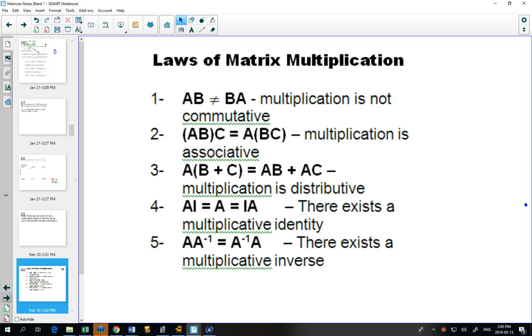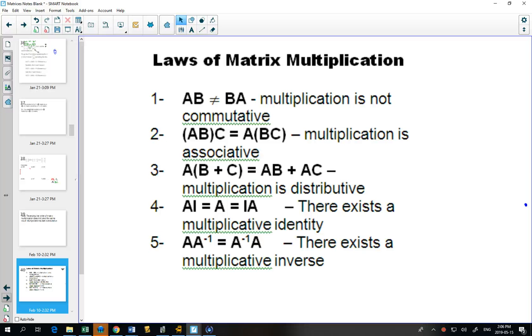Now, I don't know why you would want to do this, because if you distribute, you'd have to do A times B and A times C and then add them. Or you could just add them first. Do you remember how easy adding matrices was? You could do that first and save yourself some time and then multiply by A. But if you wanted to, you can distribute.